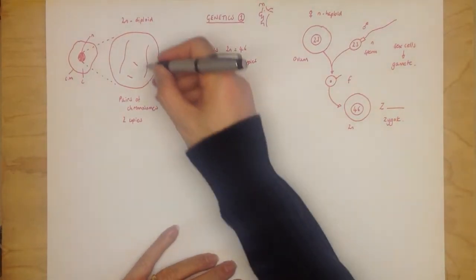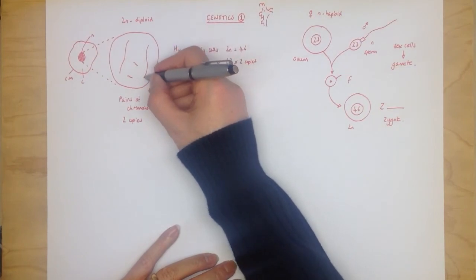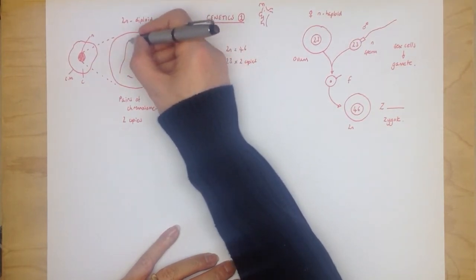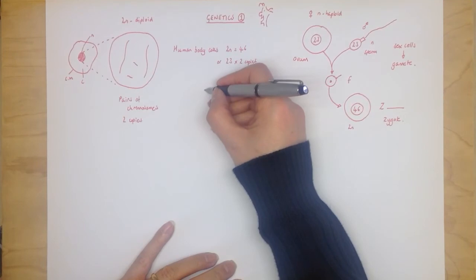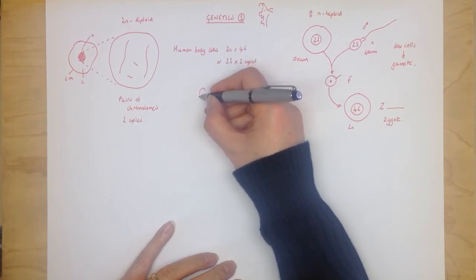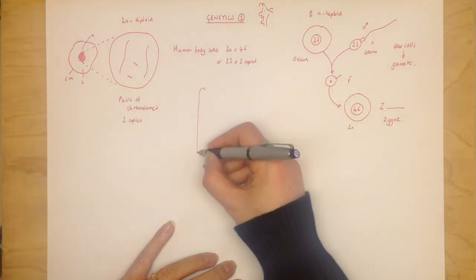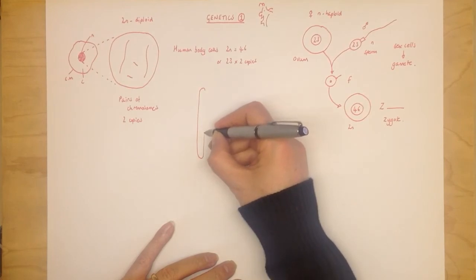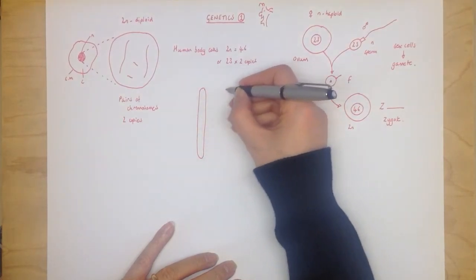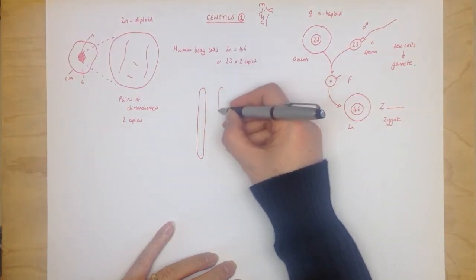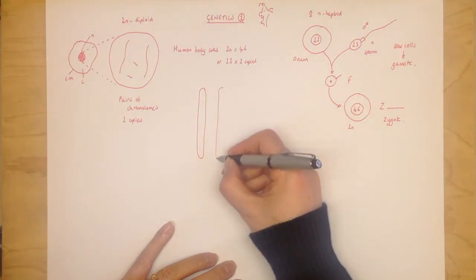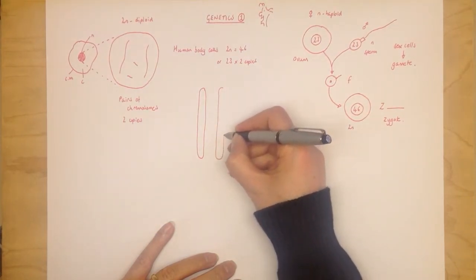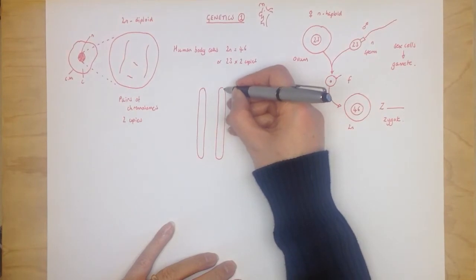Now, if you imagine I take this long chromosome here and this long chromosome here and magnify them. So I made it look a bit like a sausage. Here's the copy of that chromosome which will make up the pair.